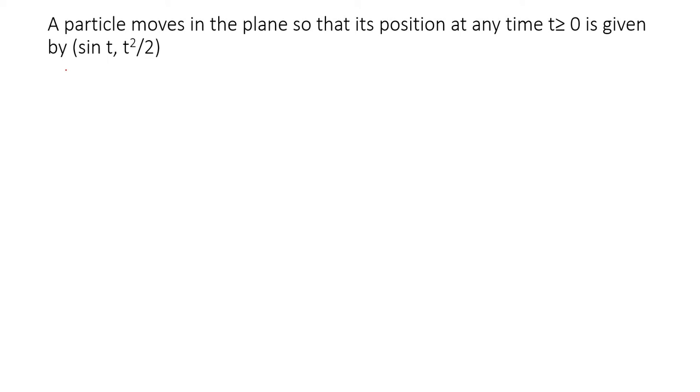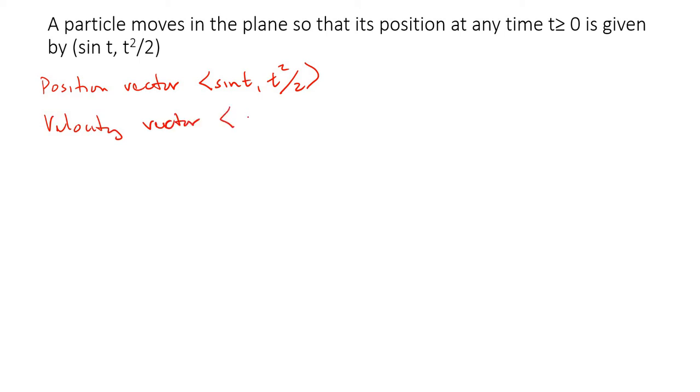So let's find our position vector, which is actually given, our velocity vector, which would be the derivative, so cos t comma t. Our acceleration vector, again, derivative of our velocity.